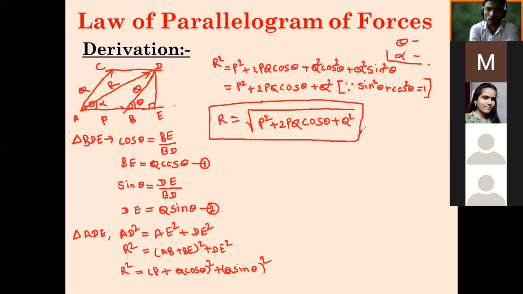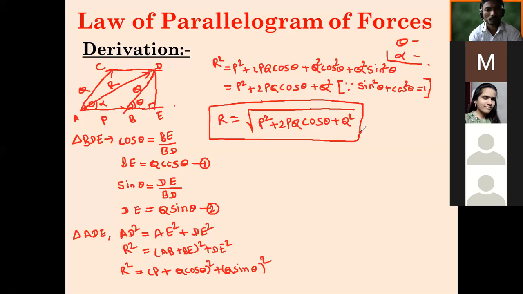And what is the condition? How do we identify that a problem will fall under this case? How many forces will be given in that case? Two forces. And the condition is that they are concurrent and coplanar. What additional thing is required to calculate R?